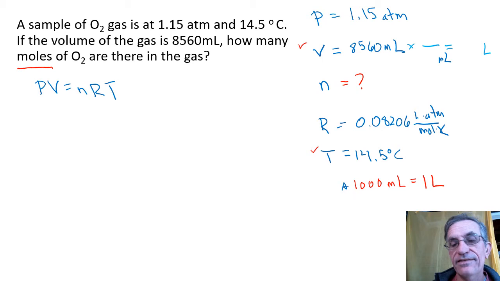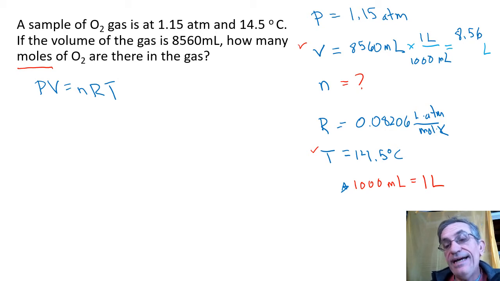That makes the 1,000 go on the bottom, and the 1 liter goes on top. Converting to liters, basically you need to divide by 1,000. If you work it out, the volume in the correct unit is 8.56 liters. All right, so that one is now good.